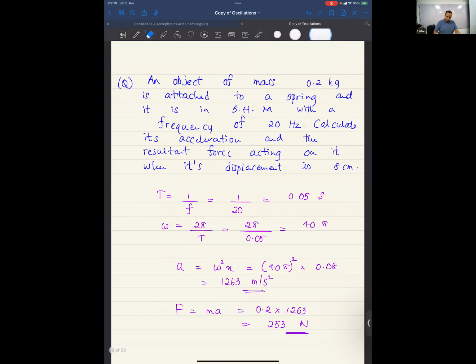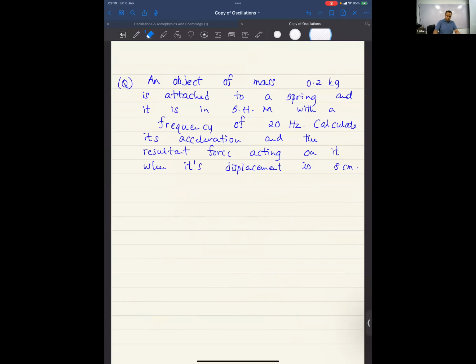An object of mass 0.2 kilogram is attached to a spring, and it is in simple harmonic motion with a frequency of 20 hertz.